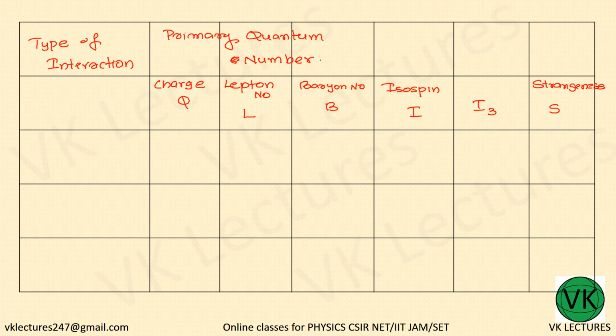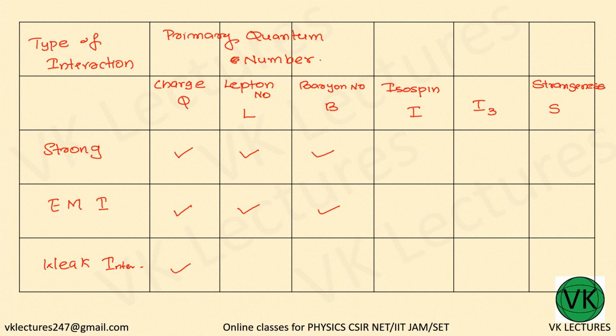Now here we have the strong interaction, electromagnetic interaction, and weak interaction. Now as said, whether it is strong, electromagnetic or weak interaction, all the primary quantum numbers should be conserved.